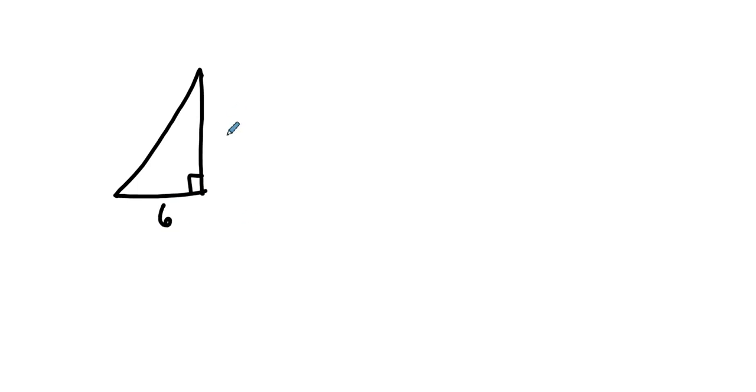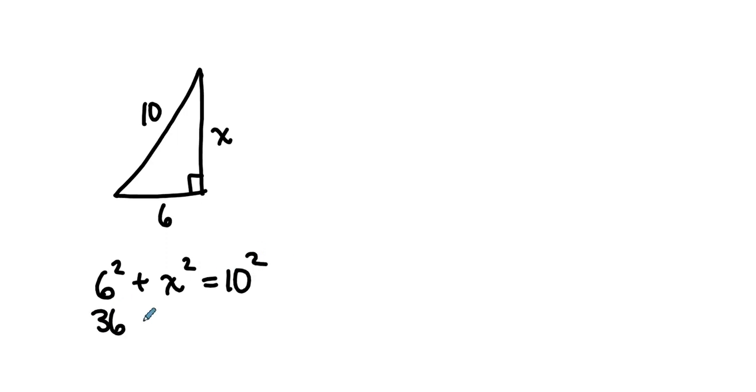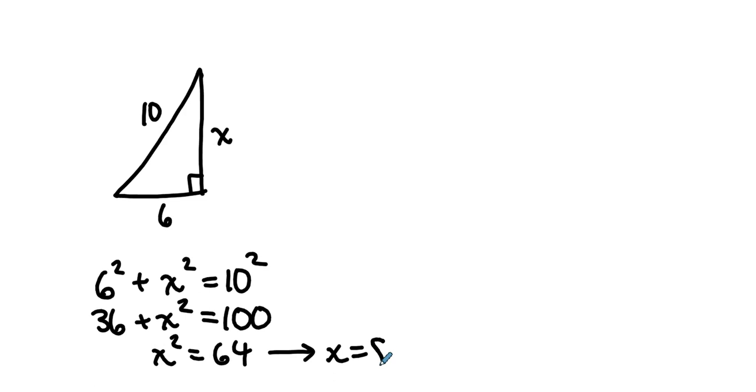So we imagine that this is 6 and this is 10, and we want to know what that is. And so we know from the Pythagorean theorem that leg squared plus leg squared is hypotenuse squared. And so we can find x just by subtracting and square rooting.